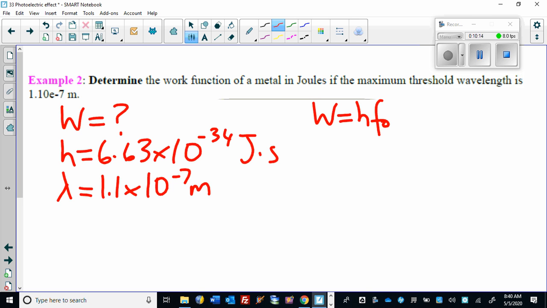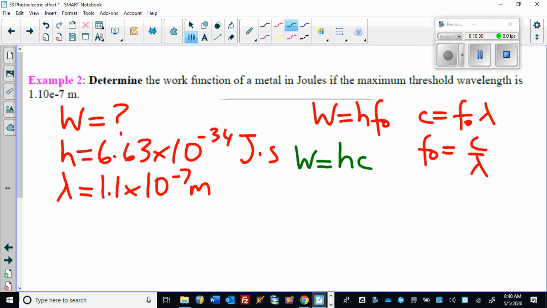We know this formula. We know this formula. We can combine those to make 1 formula. We're going to call it the threshold wavelength. That's why I'm just going to put the naught there.